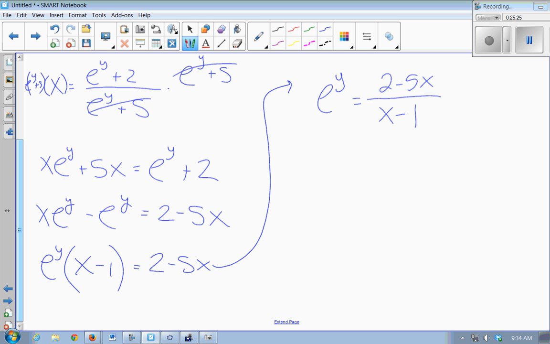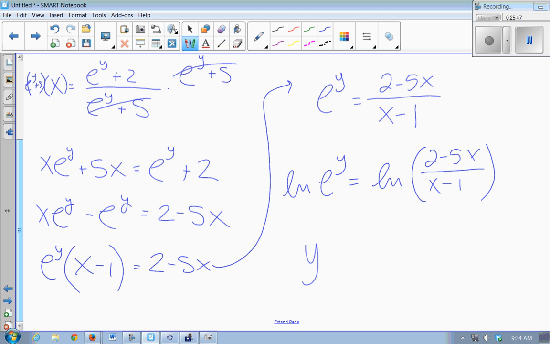Logarithm. Yeah, take the natural log of e to the y, because the natural log of e to anything is that anything, right? Because natural log and e to the something are inverse functions and they undo each other. So I take the ln of both sides. So this just becomes y is equal to the natural log of 2 minus 5x over x minus 1. You could play around with some properties of logarithms here if you wanted to, but I'm going to say that's good enough.